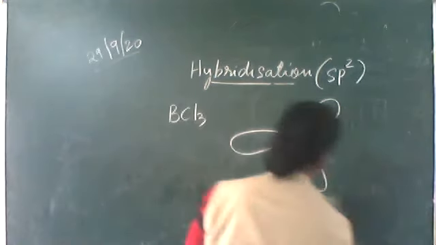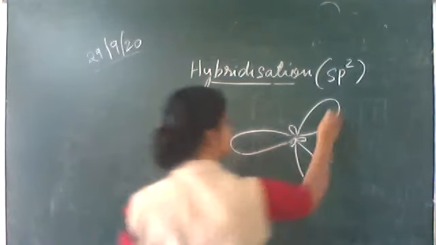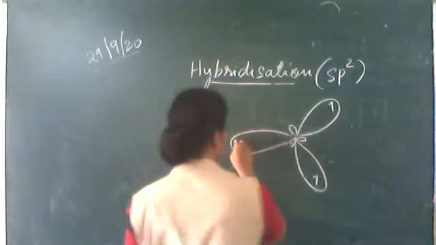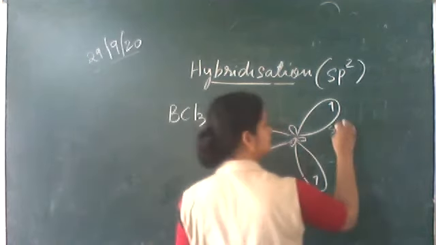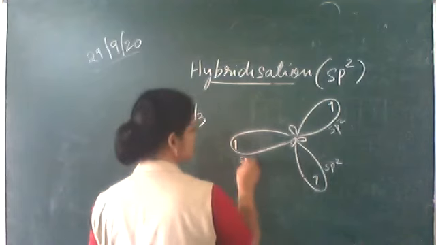So these are pointing towards the corners of a triangle. Each one is carrying one electron. Right? Now, each one is called what? sp2 hybridized orbital.